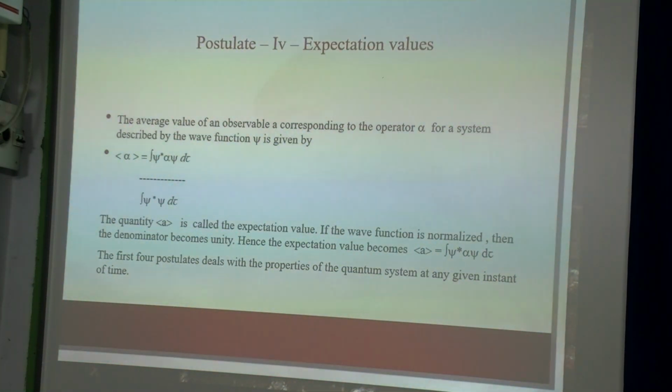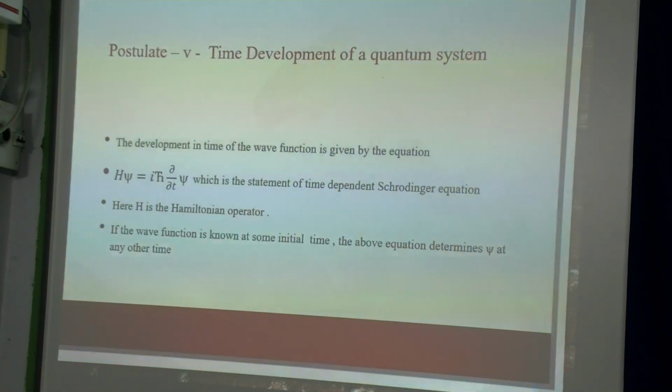It states that the average value of an observable A corresponding to the operator alpha for a system described by the wave function psi is given by A equal to integral psi star alpha psi d tau divided by integral psi star psi d tau. And the next one is concerned with time, how time is associated with a quantum system.